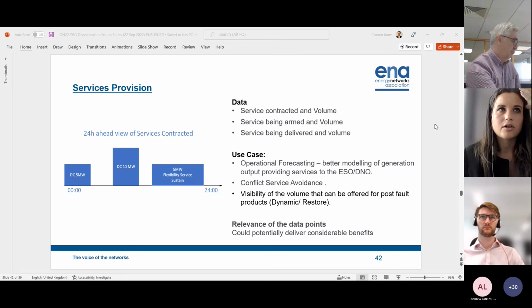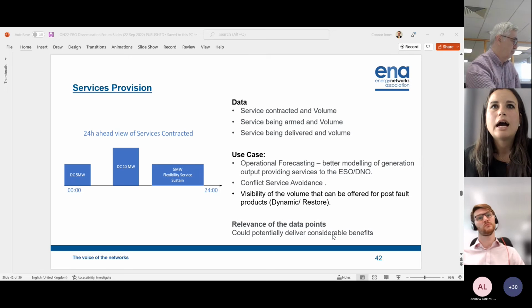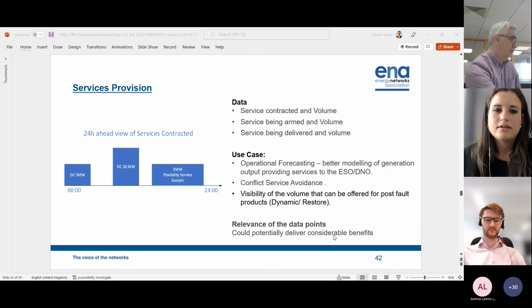last one that I'm going to cover here is the service provision. So the key one is a service being armed and the volume, and the service being delivered in volume. So that's a real-time type of information. So having visibility of the service being provided in real time, as well as the capacity, will enhance operational forecasting capability.